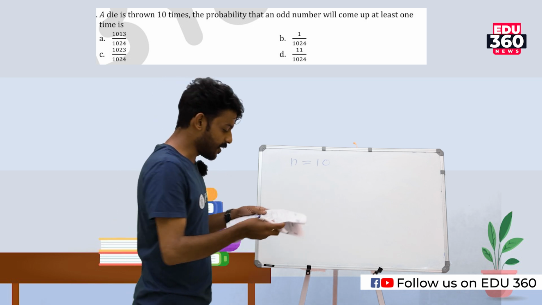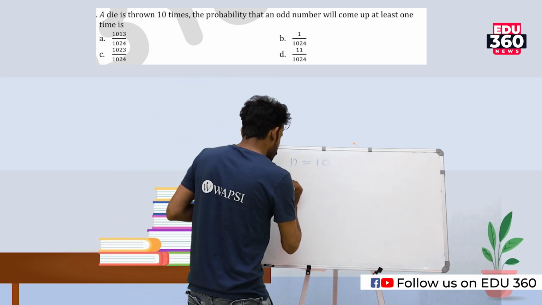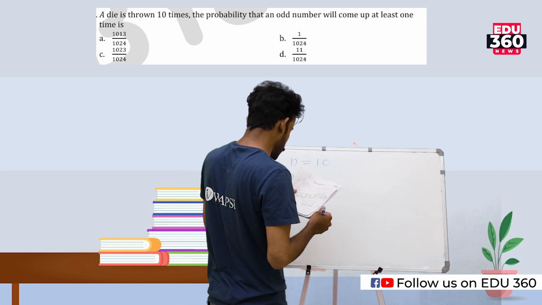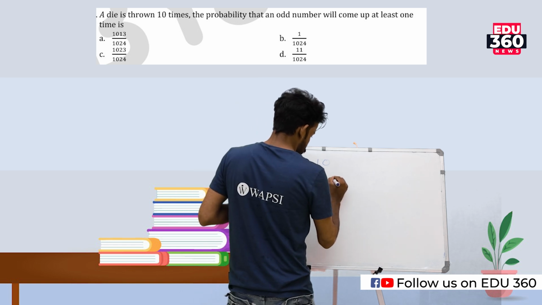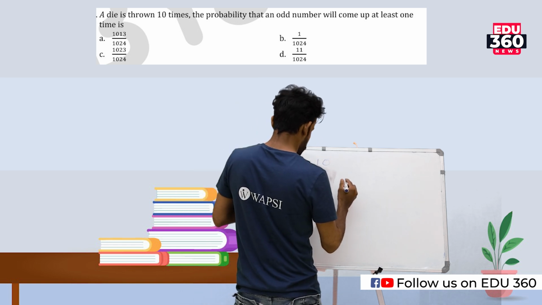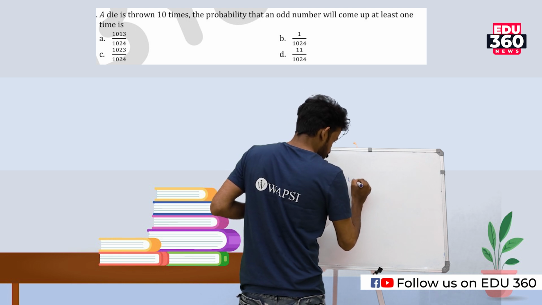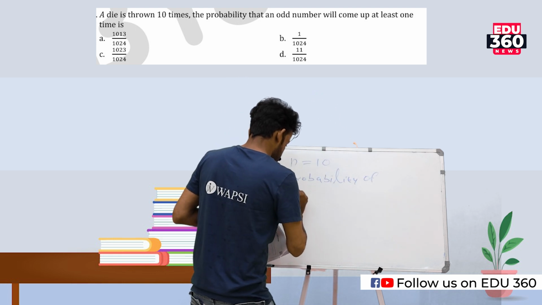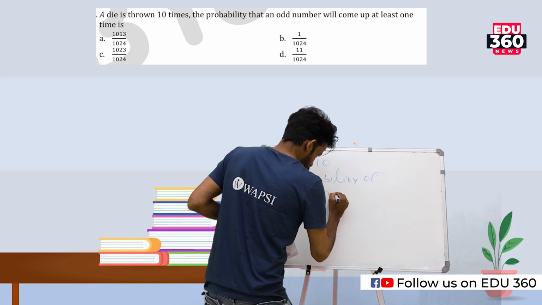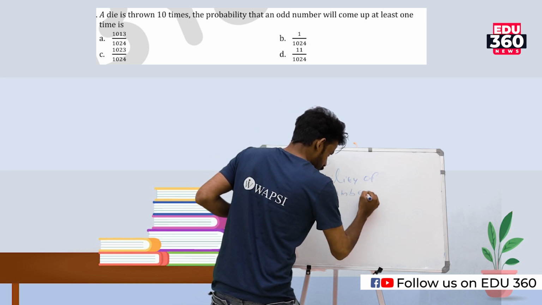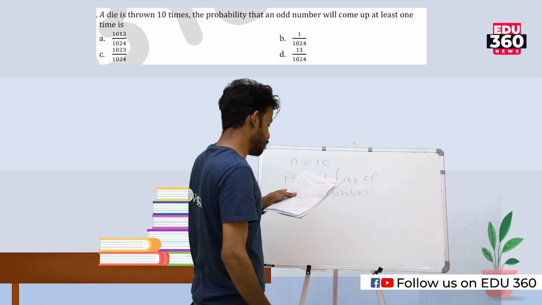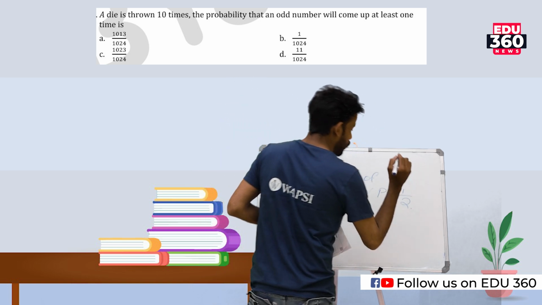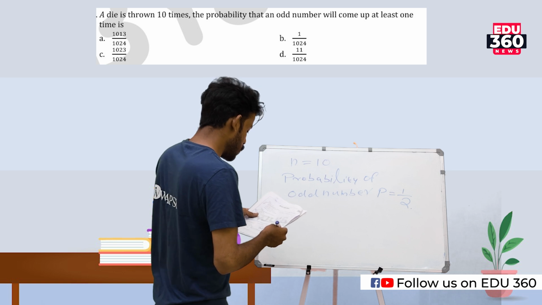So that means we can write the probability of odd number, P, is equal to 1 by 2.